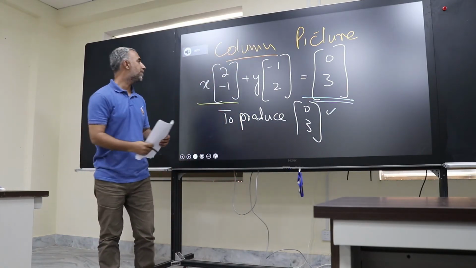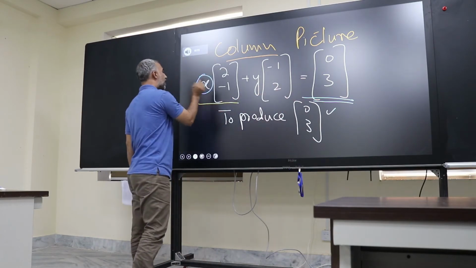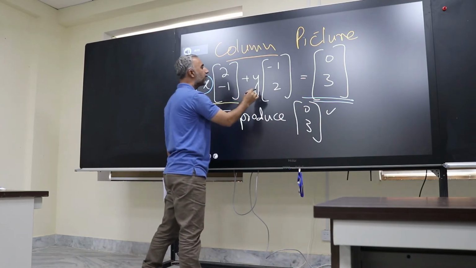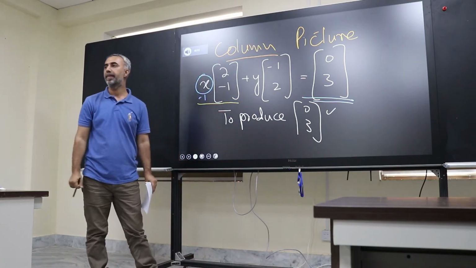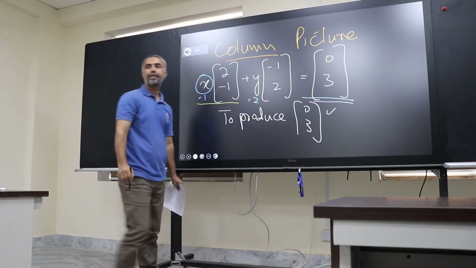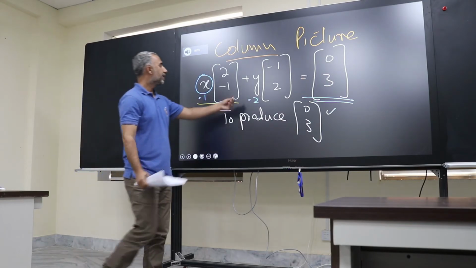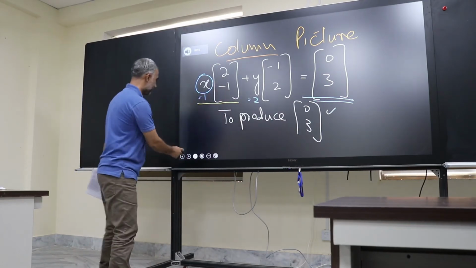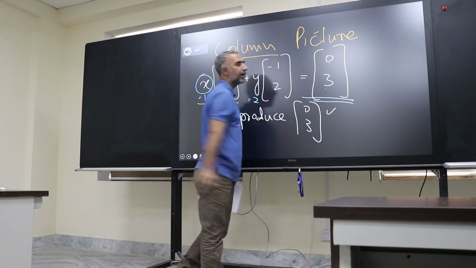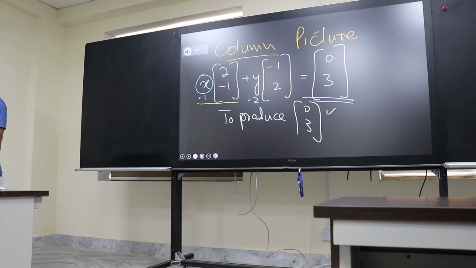You need to multiply. For getting this one, we should multiply, or we should assume x equal to 1 and y equal to 2. Then it will satisfy this, equivalent to the output, our constant coefficient.